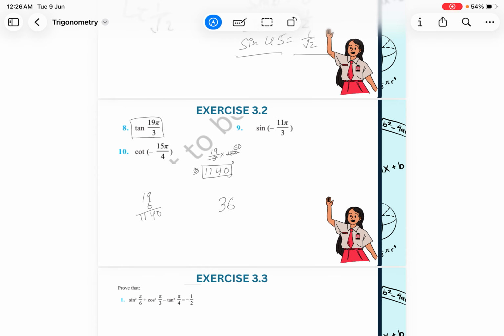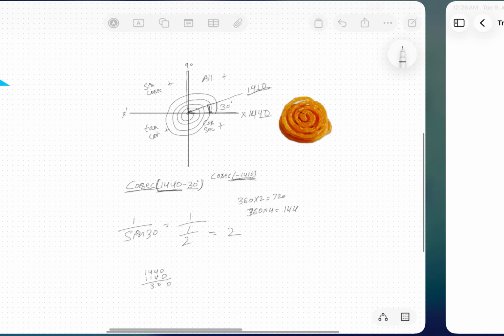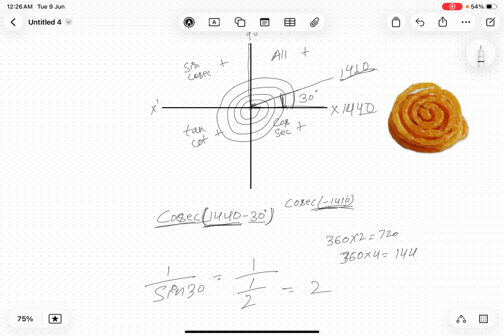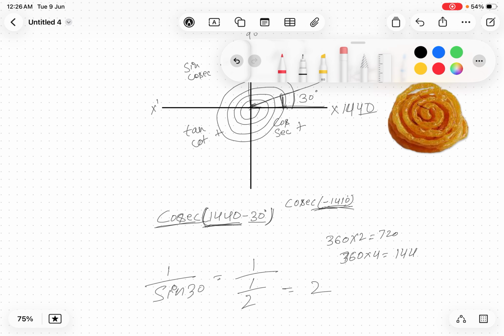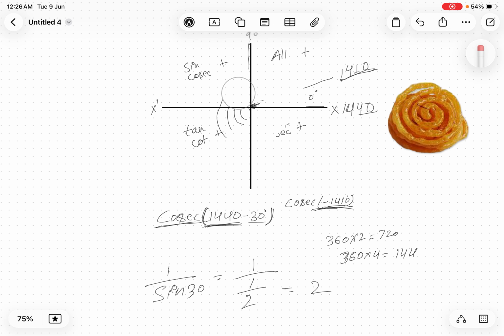So if we take 360 into 3, then we will get 1080. Here we had taken 4 revolutions. Now it is time to take 3 revolutions. Let me clear this.